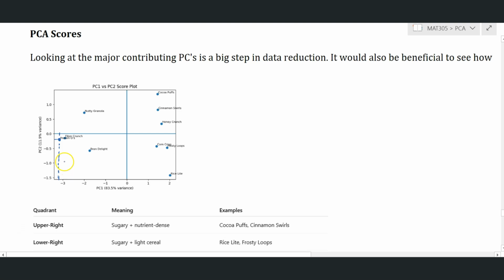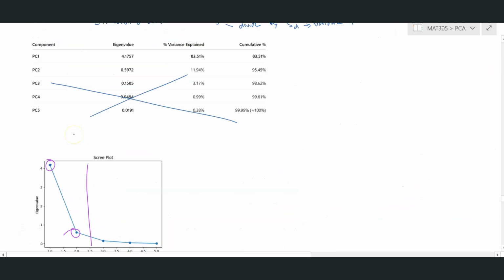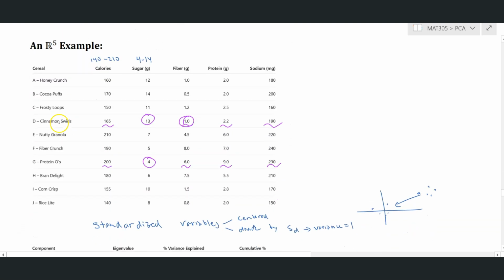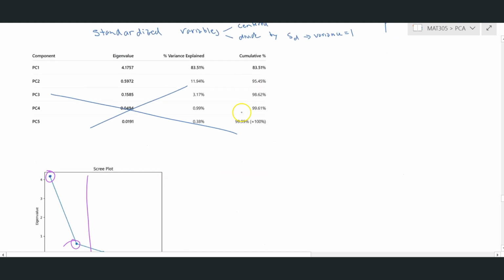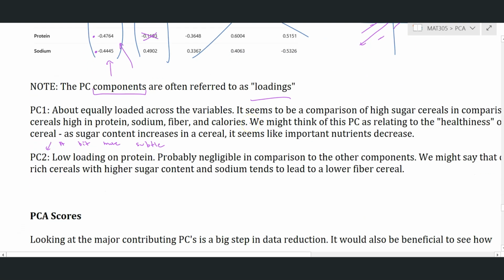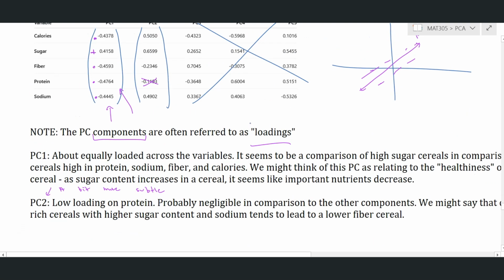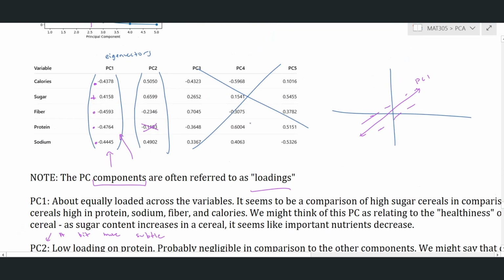Now, if you can recall, none of these are super salty cereals or super high caloric cereals. If we scroll back up, there's a vast range of them, but it's not like some of them are 500 and 700. Nonetheless, the calories do contribute as well, maybe not as much as we might think. PC2 we described as a contrast between calories, sugar, sodium, and, technically, fiber and protein.